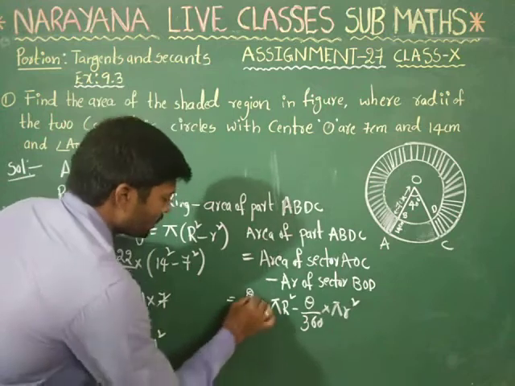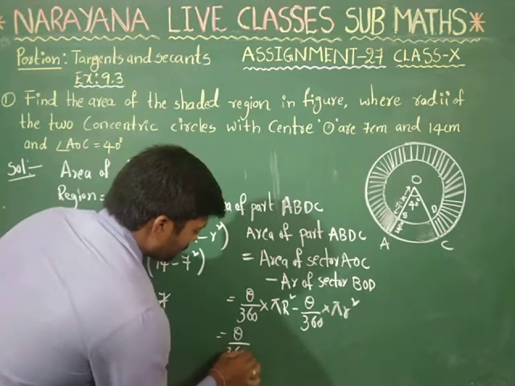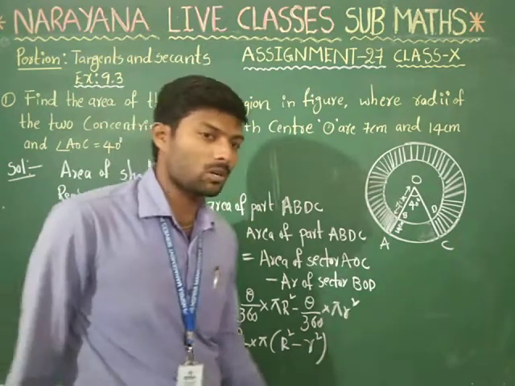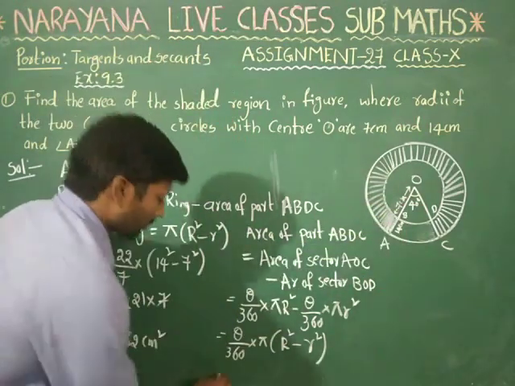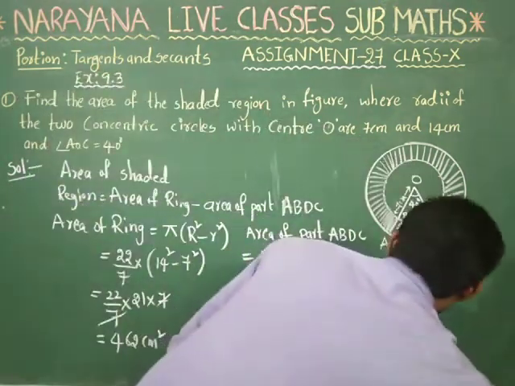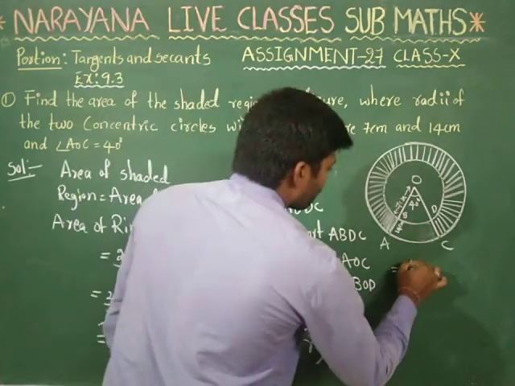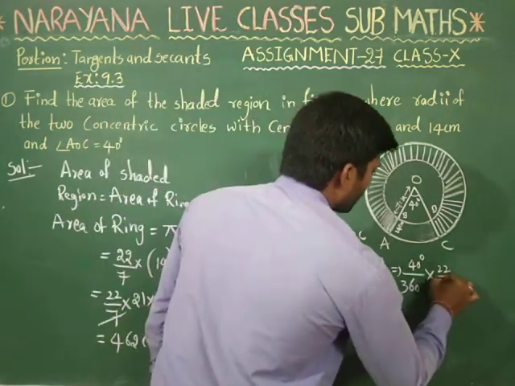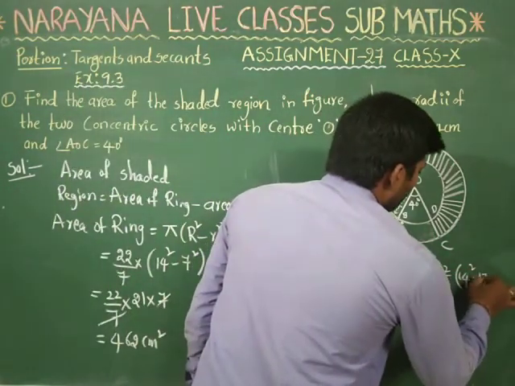Now from these two, theta by 360 into pi is the same in both, so let me take it as common: theta by 360 into pi of R square minus small r square. Now we have to substitute the value of theta, which is given as 40 degrees, so 40 upon 360. Pi is 22 by 7, and capital R is the radius of the larger circle, so 14 square minus 7 square.